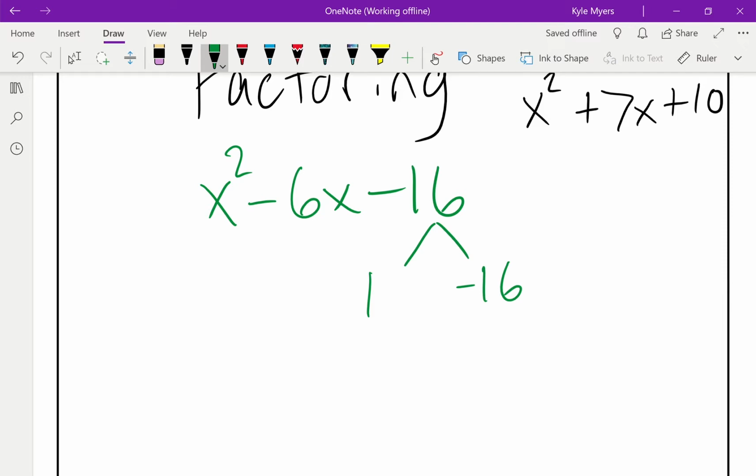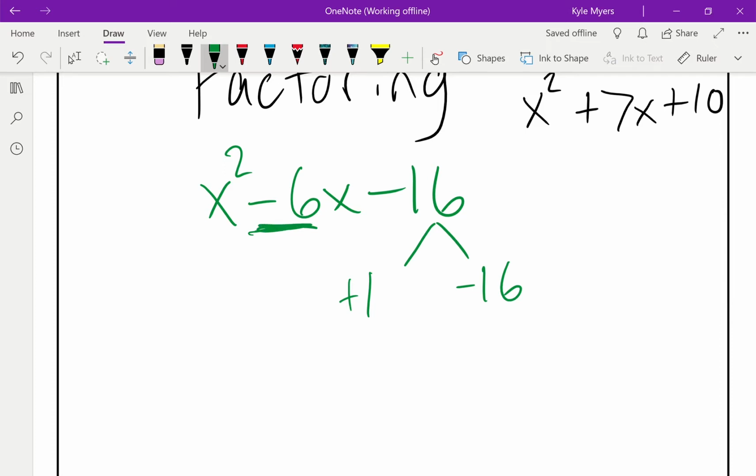By the way, one of these has to be negative, one has to be positive. If I make the bigger number negative and I subtract, I'll end up with a negative answer. That always happens. So 1 minus 16 is negative 15, or said backwards, negative 16 plus 1. Either way, I get a negative, which is what I want, because I want to get negative 6 when I subtract.